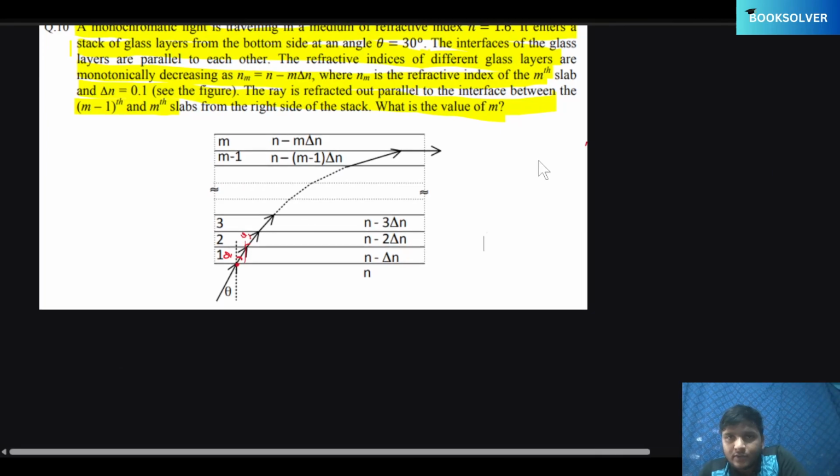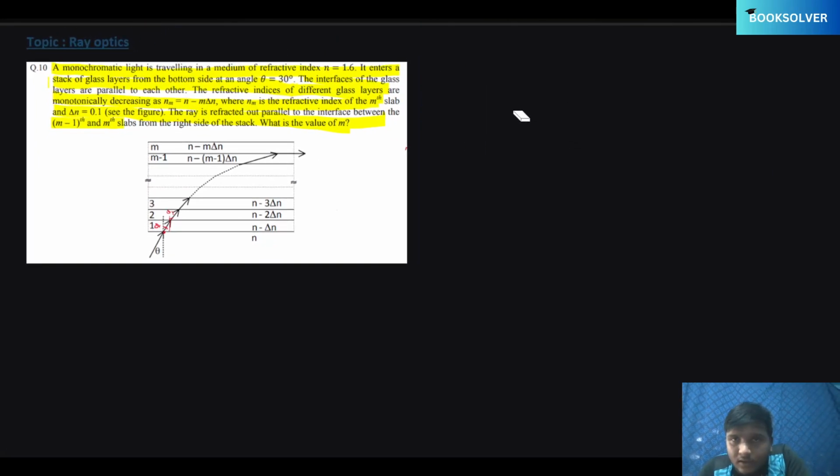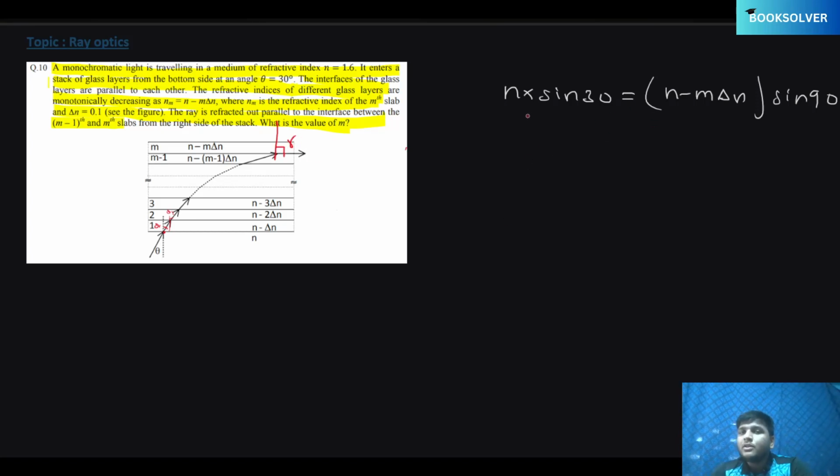It will be nothing but n, the refractive index of the first medium, times sine of incidence, sine 30, equal to the outer one, n minus m delta n, into sine 90, because you can see the angle of refraction here is 90 degrees. This is the only equation that we have to use here, not solving everywhere. All those are equal, and we can do the calculation.